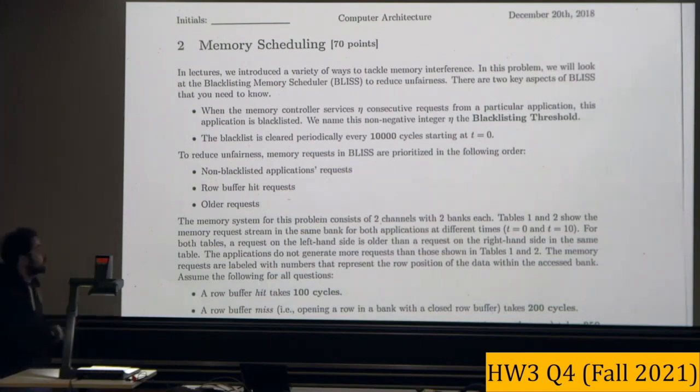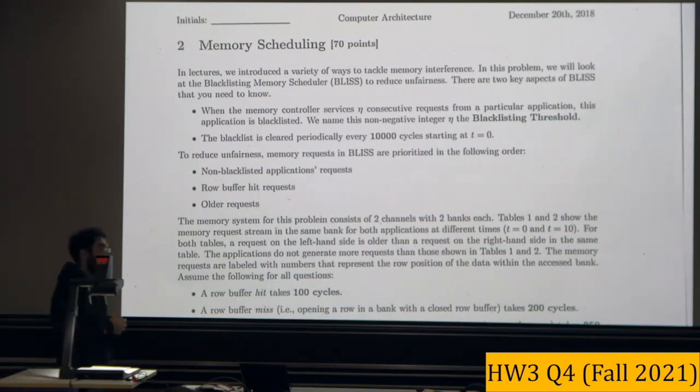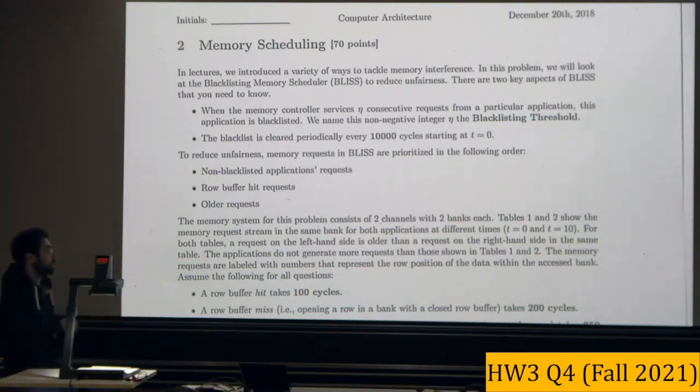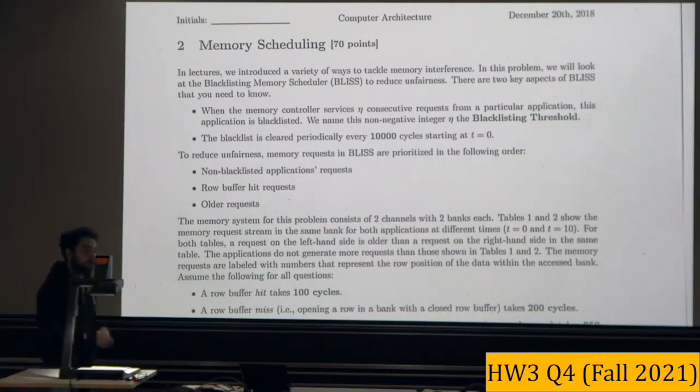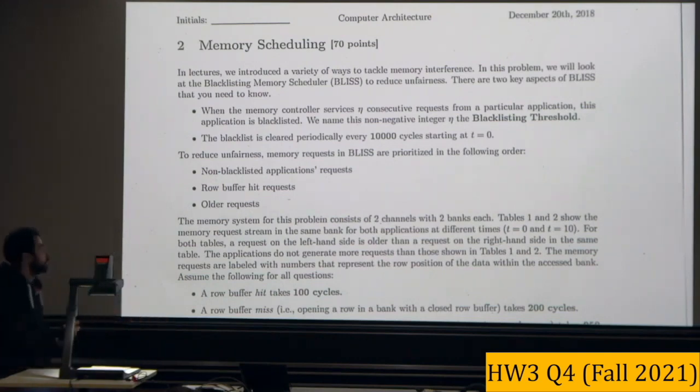This non-negative integer n is the blacklisting threshold. So when you execute n requests from a specific application, you blacklist it. The blacklisting is cleared periodically after 10,000 cycles. So every 10,000 cycles you stop blacklisting the applications and start the process again.